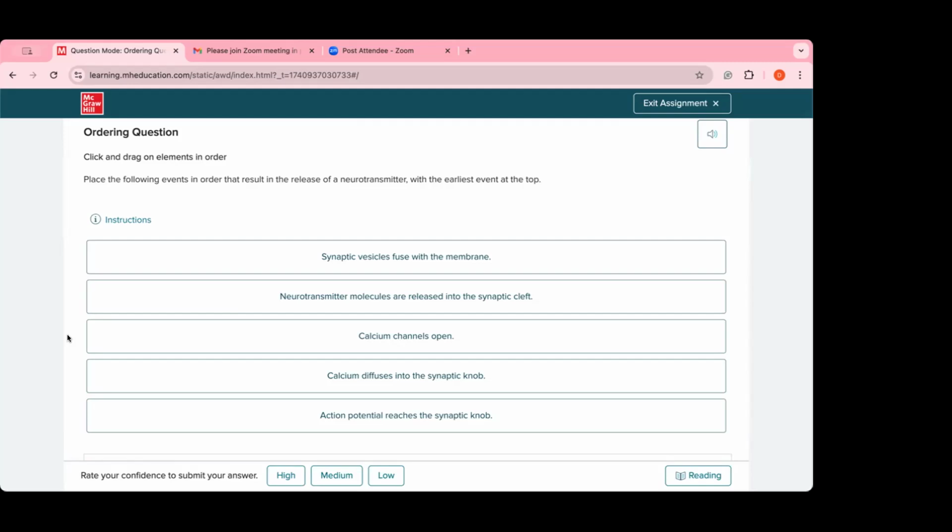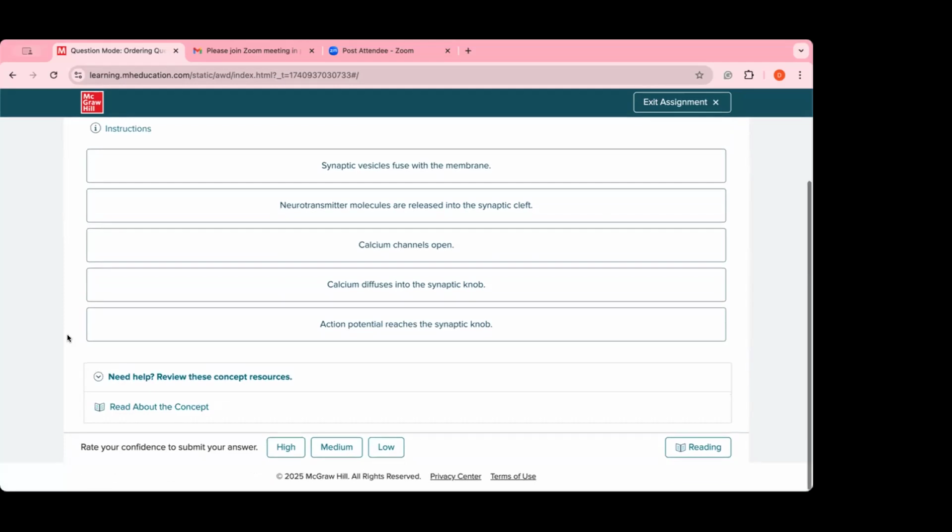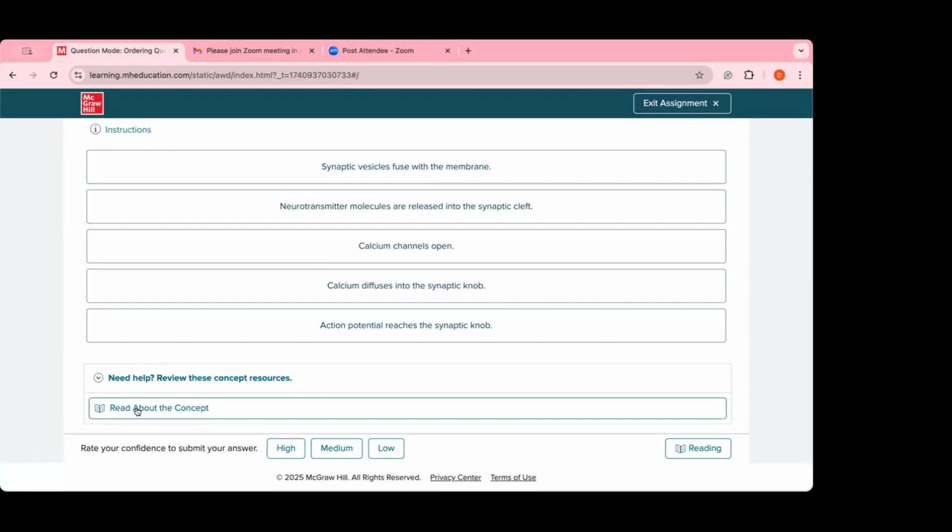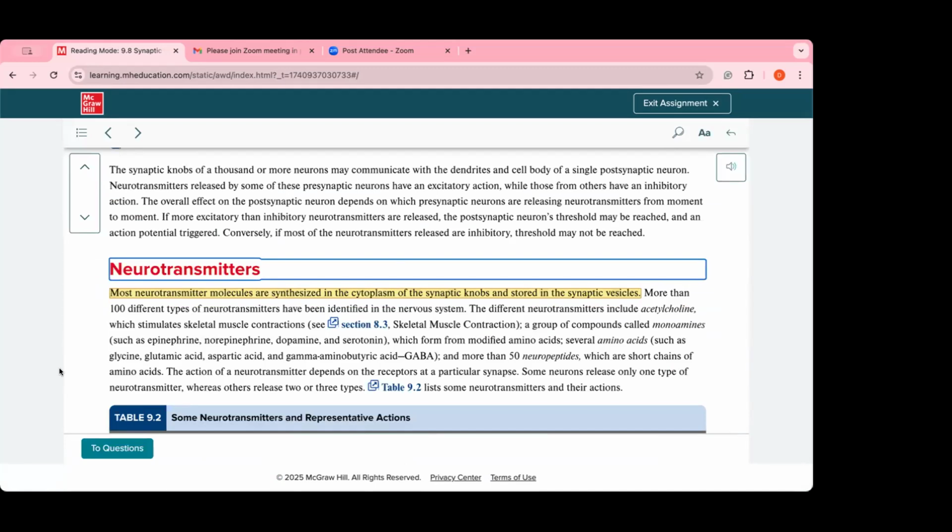There are a few things on there that I don't recognize, so let's look it up.